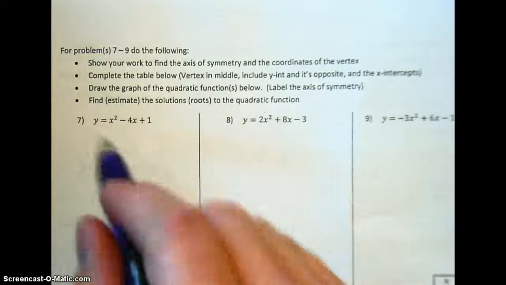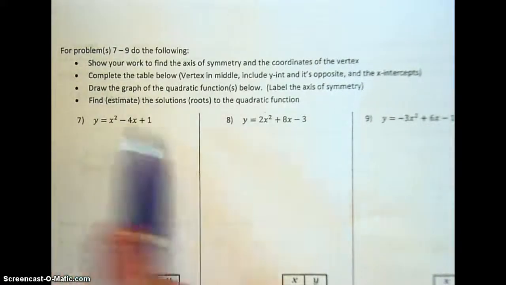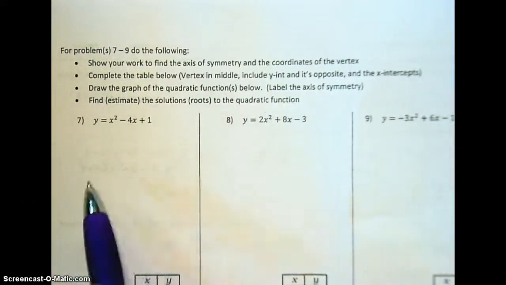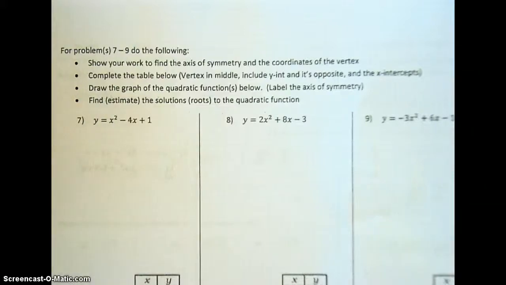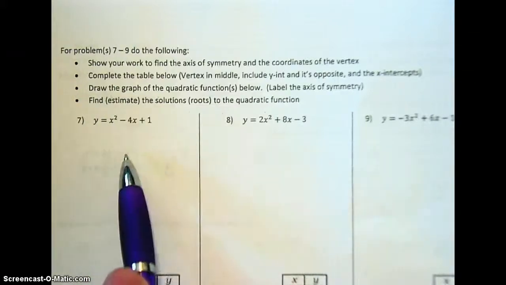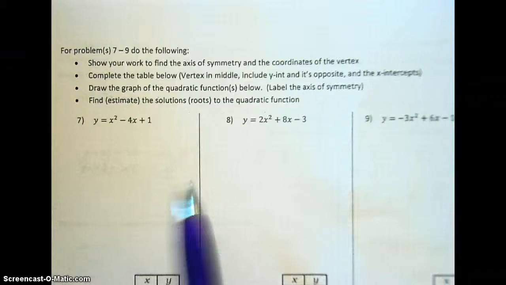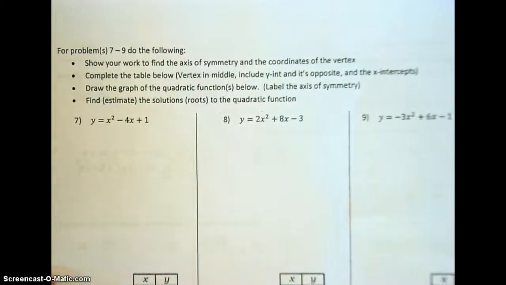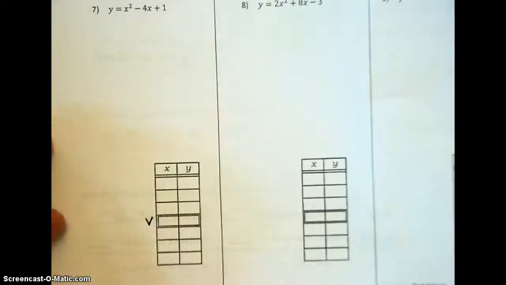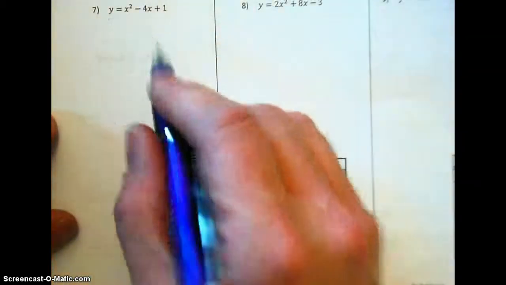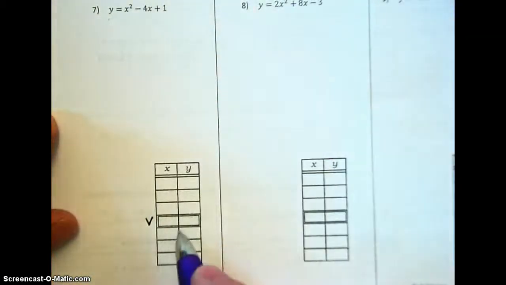Okay, and I think the exact words I heard was like you start it the exact same way you did the previous problem, right? You do everything the same that we just worked on, right? You use the axis of symmetry, you find the vertex, and then once you find that, remember that's what we put here. That's our vertex. Right down here. So once we look at number 7, we use opposite of b over 2a, we find the vertex, put it here, and then we move from there.